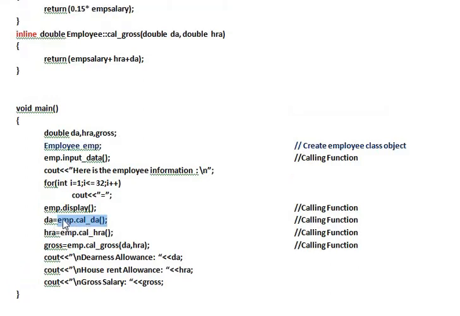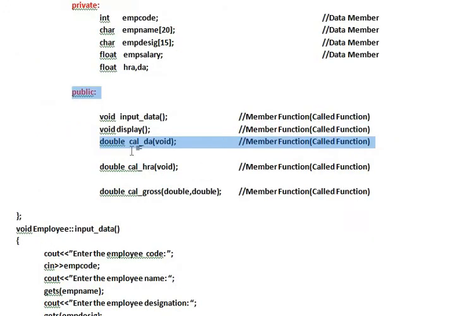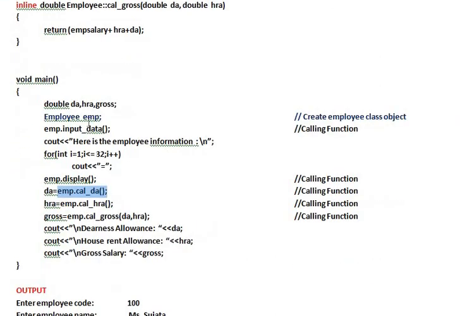Now this object emp can easily access this member function cal_da, which is present inside the class. This is because the member function cal_da has been declared as public inside the class. As you know that public members are accessible everywhere, that's why this member function cal_da is easily accessed by the object emp that has been declared inside the main function.